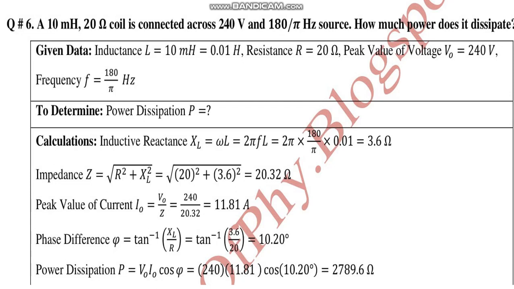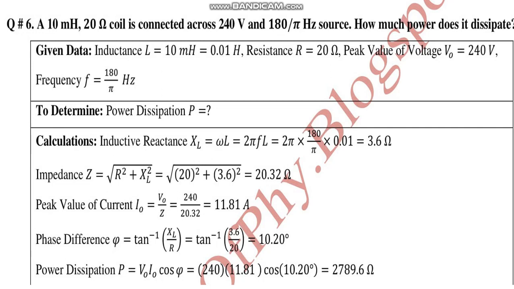V naught is given in the question, but I naught is not given in the question. So first we require I naught, then we require the phase difference, that is phi.